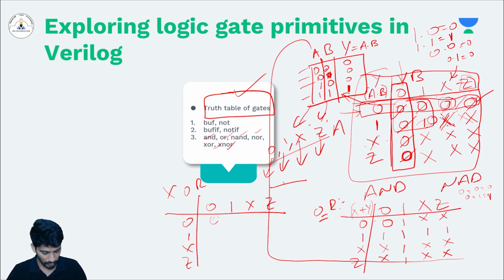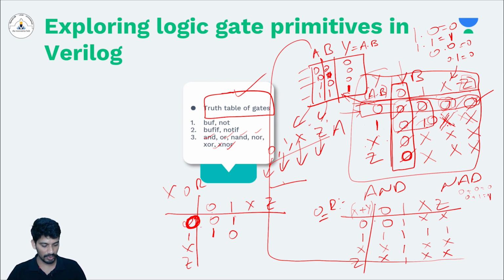So 0, 0 will give you 0, this will be 1, this will be 1, and this will be 0. But in case of XOR, we don't have any predefined thing like if one of the inputs is 0, then the output is 0, as in the case of the AND gate. In XOR, there is no such rule.